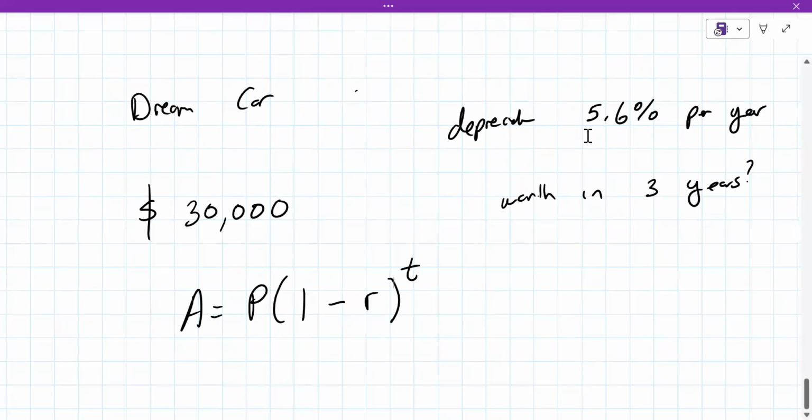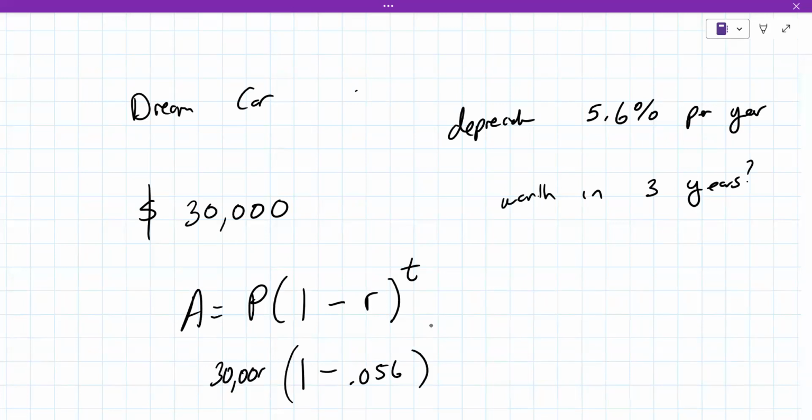Now, I've also added a little wrinkle where I've made the percent kind of an unfriendly number. What is the value of R in this problem as a decimal? 0.056. So it's 1 minus 0.056.